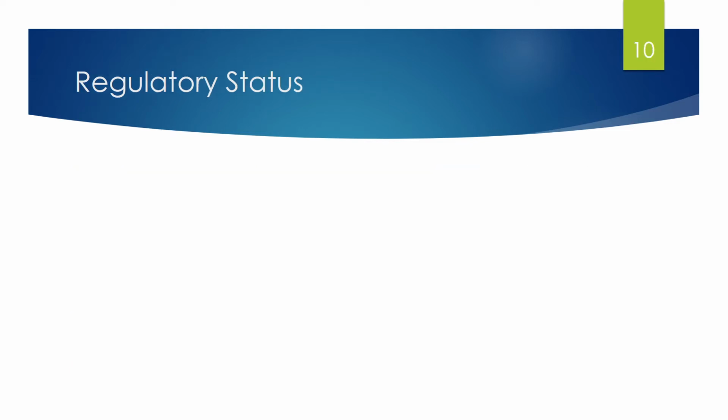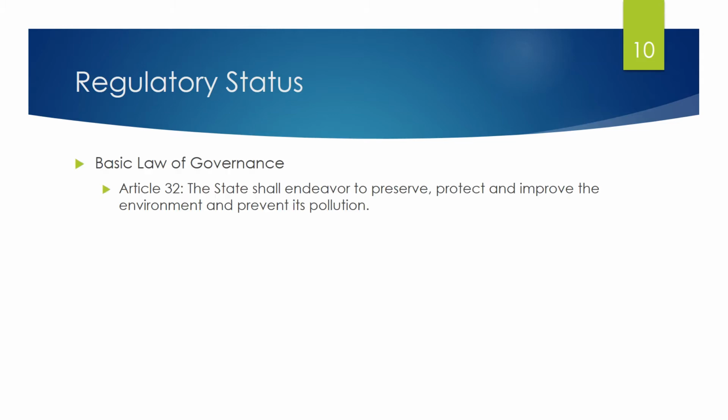When looking at the regulatory status of air pollution policies in Saudi Arabia, in the Basic Law of Governance, Article 32, the Saudi government stated that the state shall endeavor to preserve, protect, and improve the environment and prevent its pollution.